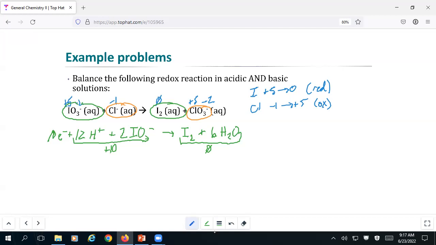And this is how we can identify this particular reaction as a reduction reaction. We can identify it as a reduction reaction because this half reaction is using electrons. It is gaining electrons, and gain of electrons is reduction.